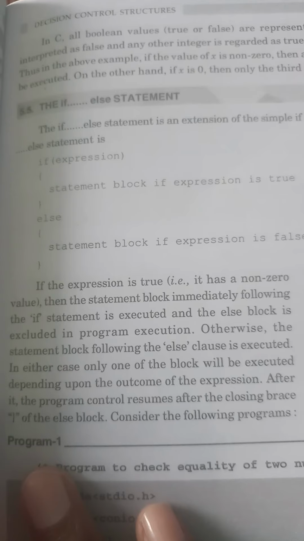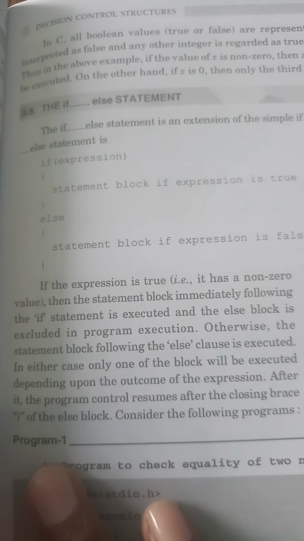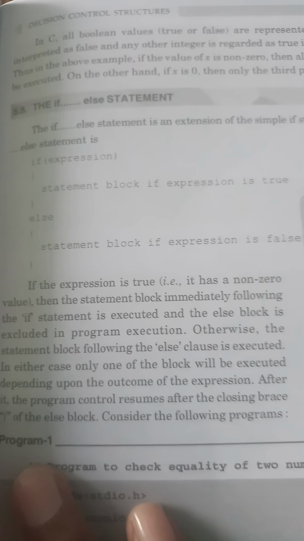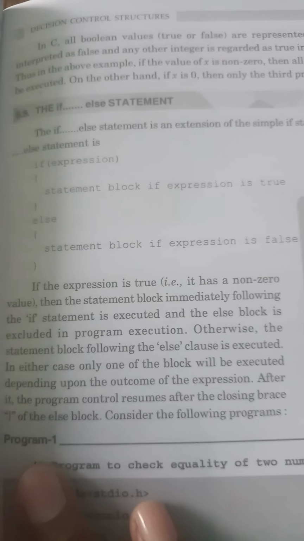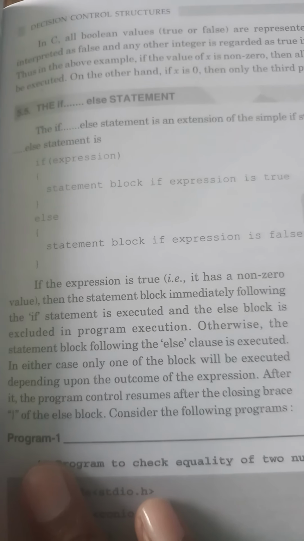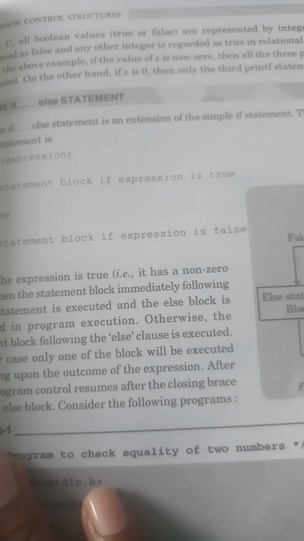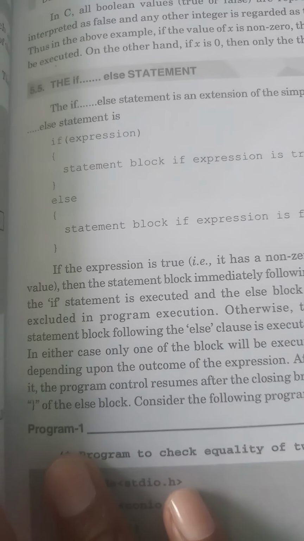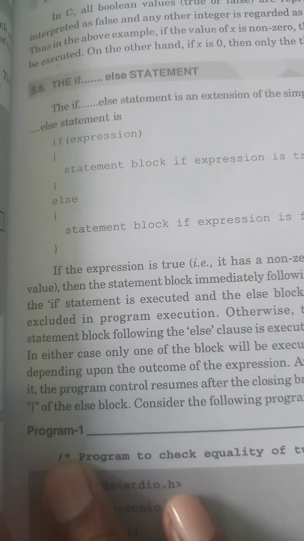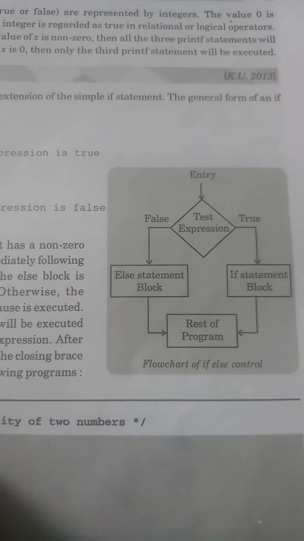In either case, only one of the blocks will be executed depending upon the outcome of the expression. After it, the program control resumes after the closing brace of the else block. Consider the following programs.